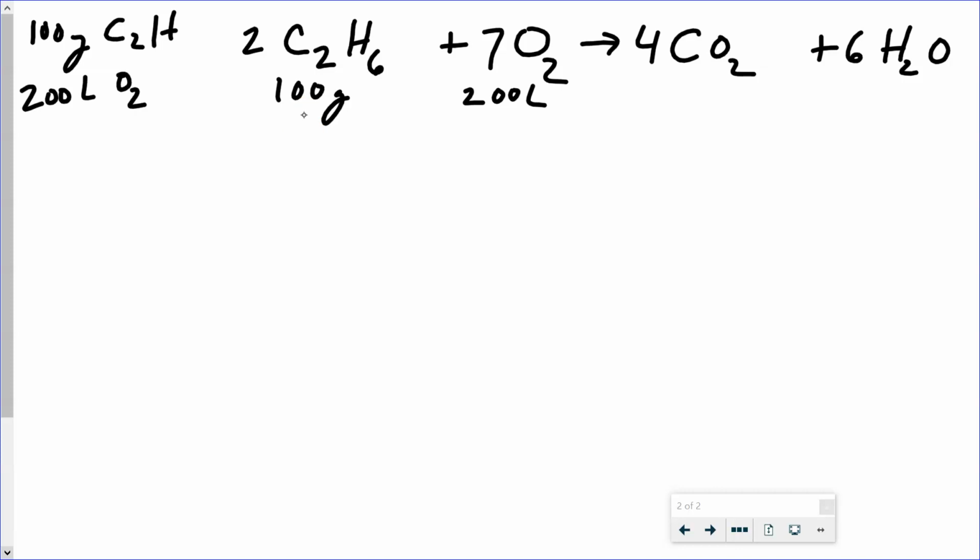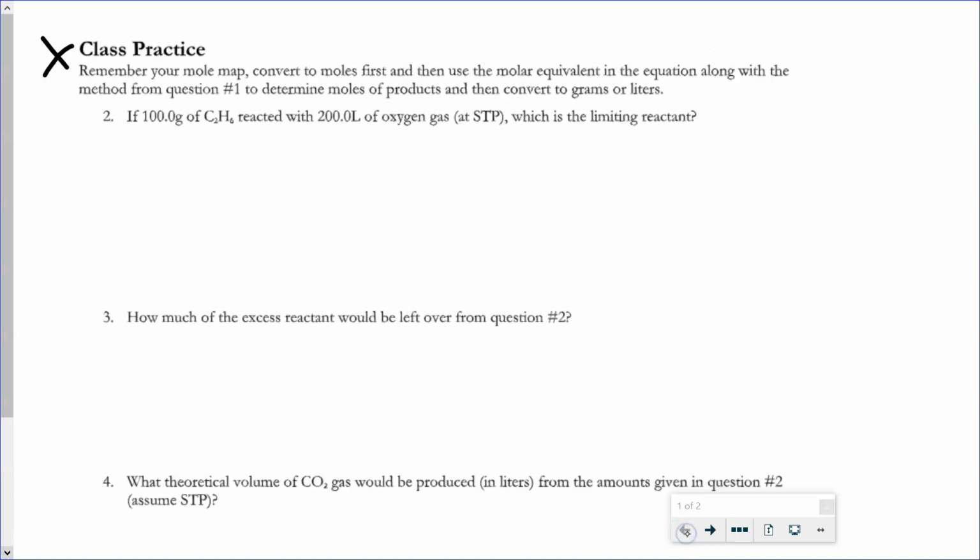And so in this case, I'm just going to randomly pick carbon dioxide. It's not quite random, I guess. Over here at the bottom on number 4, it asks what's the theoretical volume of CO2 gas in liters. And so I'm going to go ahead and solve this for liters of carbon dioxide, and then I'll also be answering number 4 as well.